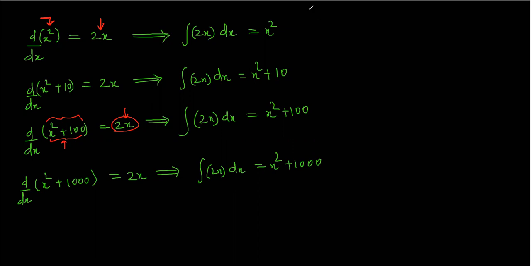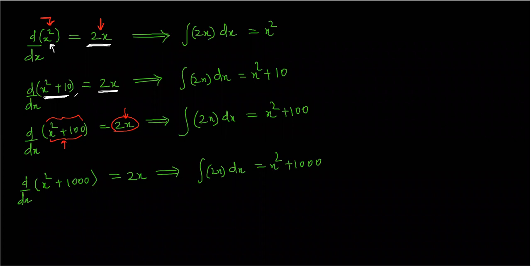It is very important for you to understand here that when you are differentiating x square, you got 2x. When you differentiated x square plus 10, you got 2x.